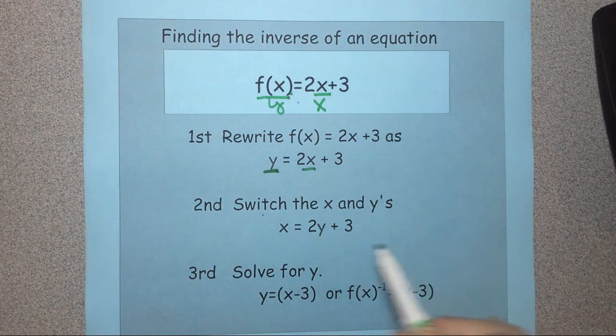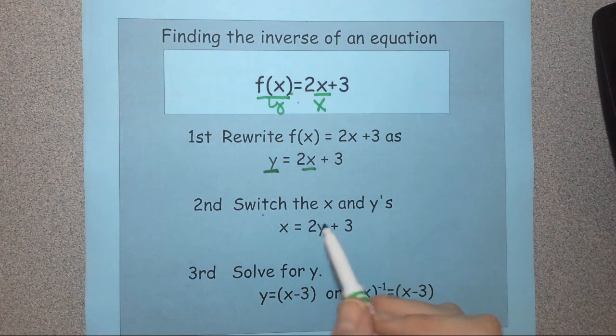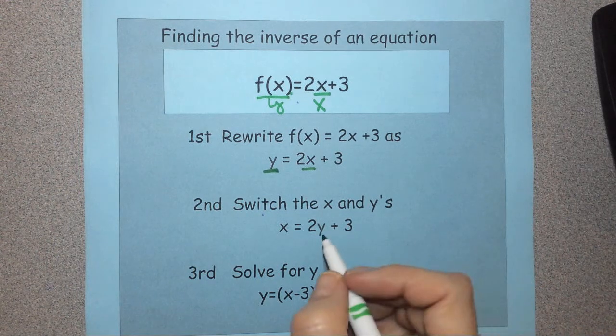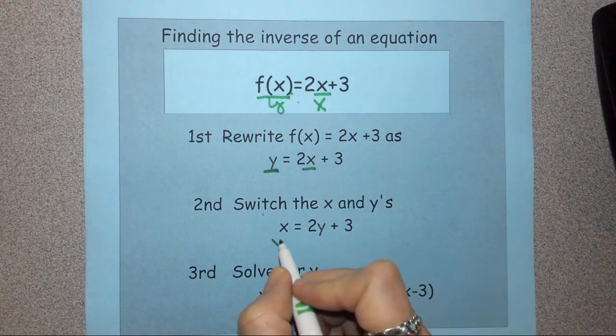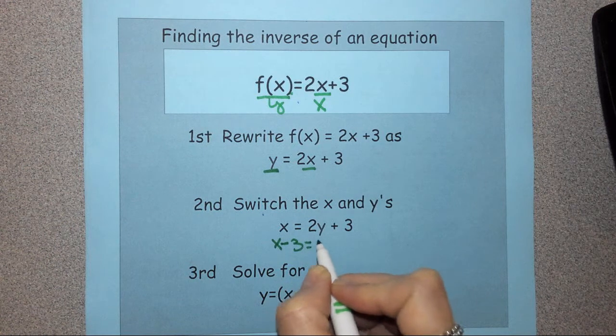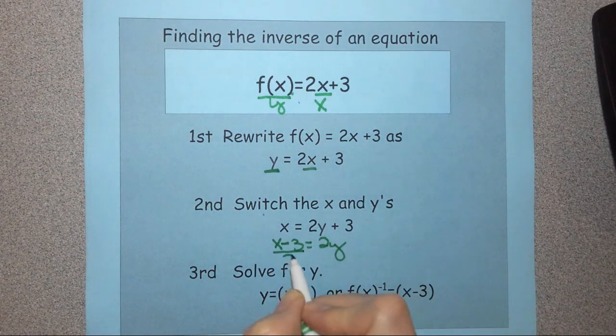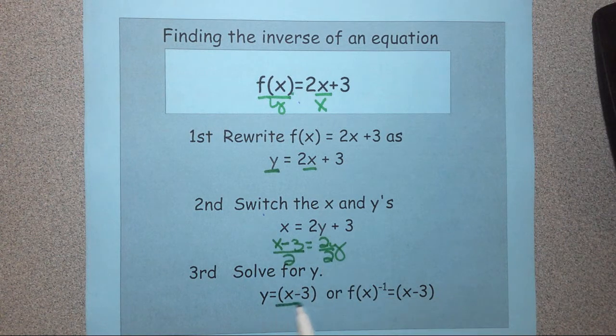And then I'm going to solve my equation for y. So I would subtract 3 from both sides, so I'd have x minus 3 equals 2y. And then I would remember to divide both sides by 2. So y would equal x minus 3 divided by 2, or the function inverse, remember this is your notation for inverse, is x minus 3 divided by 2.